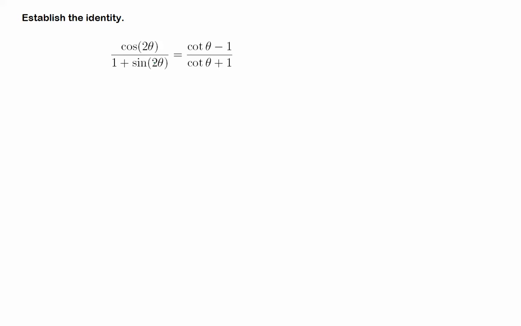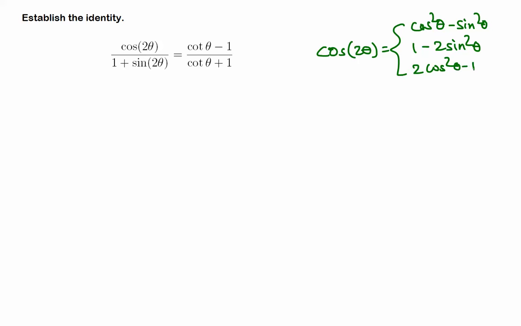Establish the identity cosine 2 theta over 1 plus sine 2 theta is equal to cotangent theta minus 1 over cotangent theta plus 1. Looking at the formula list, we see that cosine 2 theta has three forms: cosine squared theta minus sine squared theta, or 1 minus 2 sine squared theta, or 2 cosine squared theta minus 1.